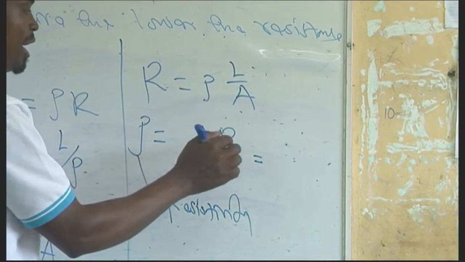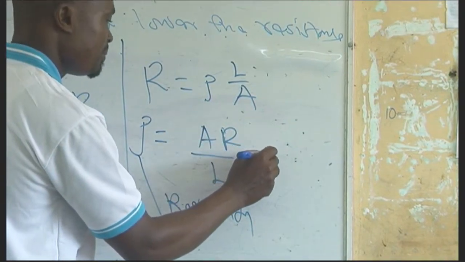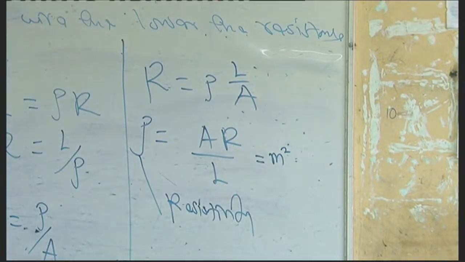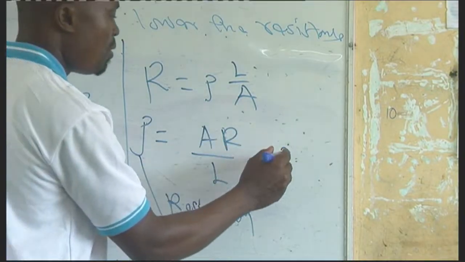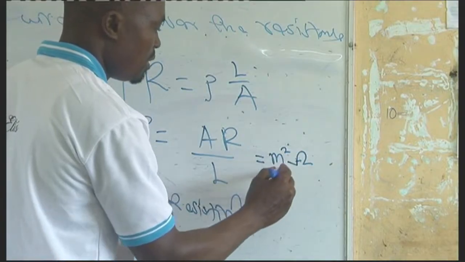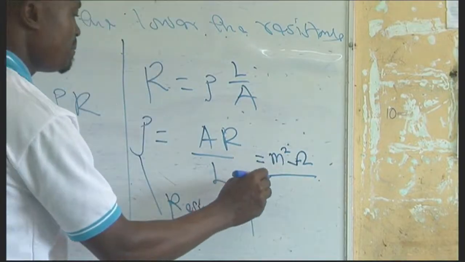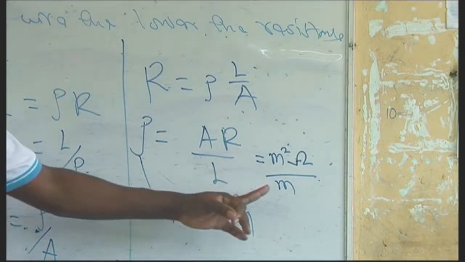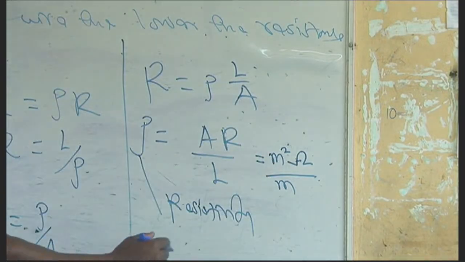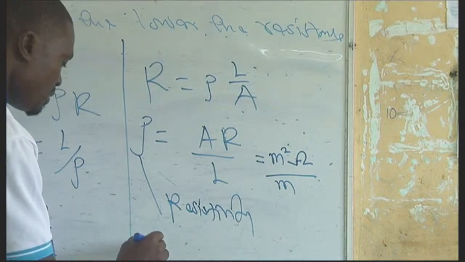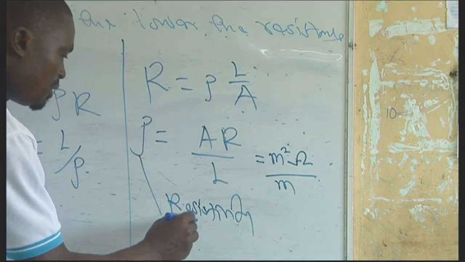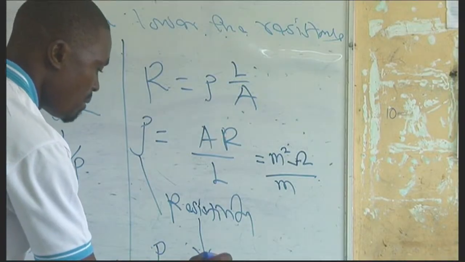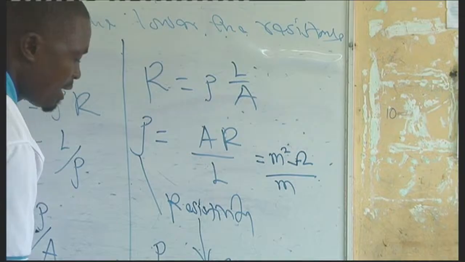Now, we can look at its unit. The unit of area is square meter, the unit of resistance is ohm, and the unit of length is meter. So if we divide this, we end up with the unit of resistivity being ohm meter.